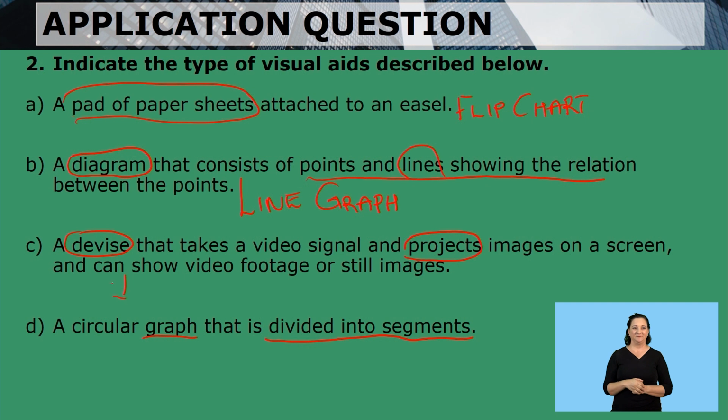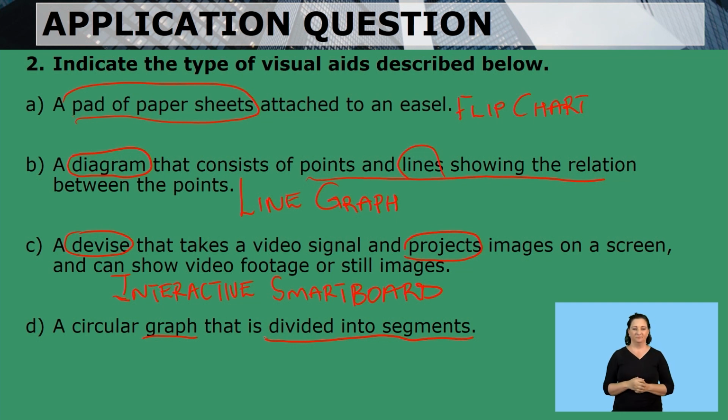We've got our answer, which is an interactive smartboard.